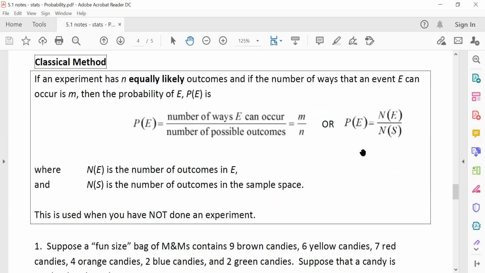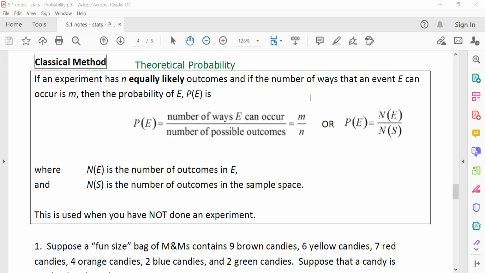Now, what we really are interested in is the classical method. This is also known as theoretical probability. Theoretical probability is actually a better term for it.